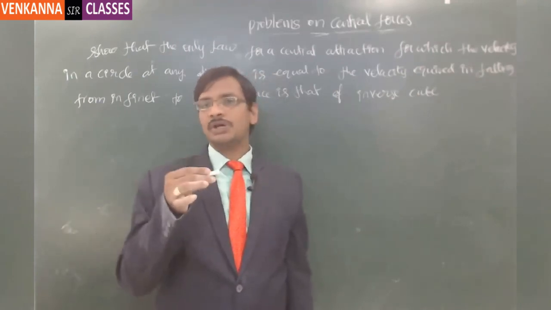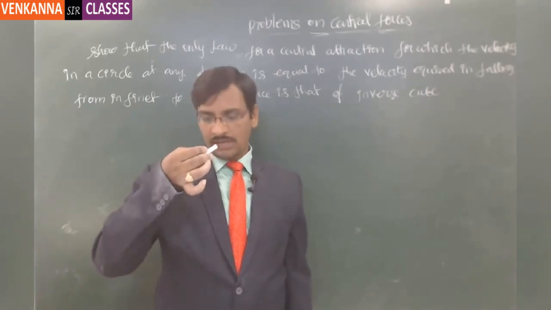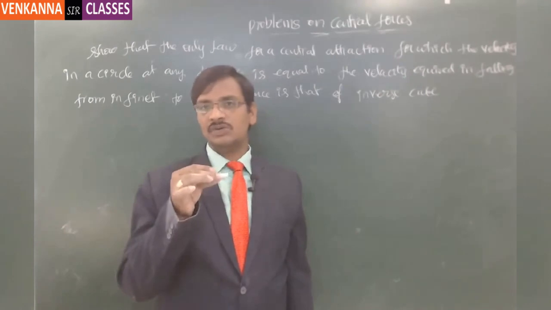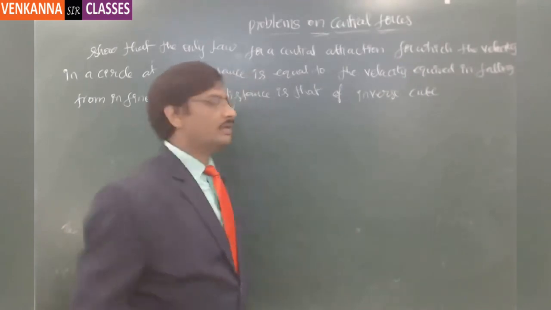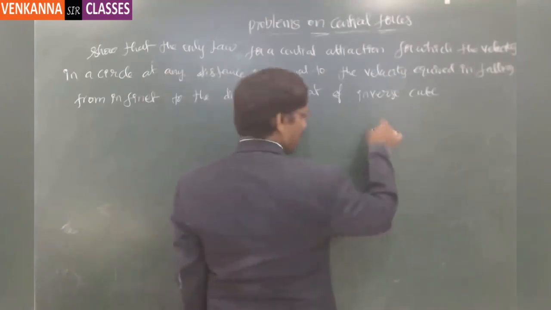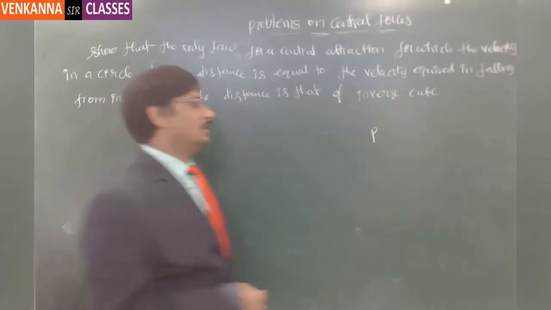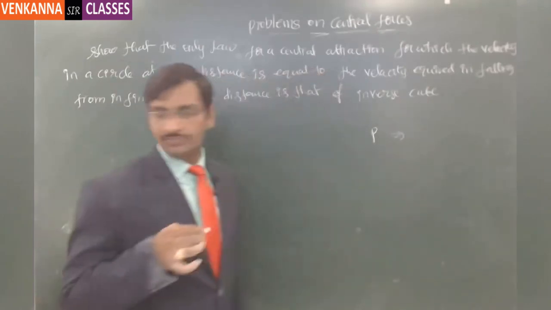It has 0 velocity here and it acquires a velocity as it moves downwards. So it started with 0 velocity and keeps on acquiring velocity. Now let the acceleration of this particle be p, and let us say it is constant. Then we know this p value.